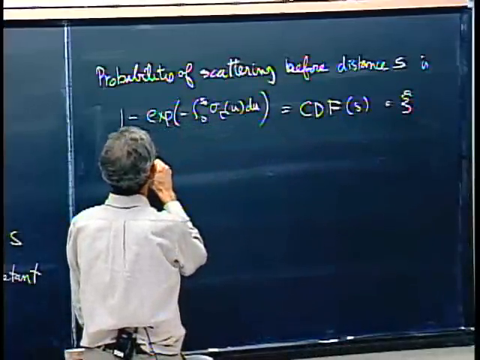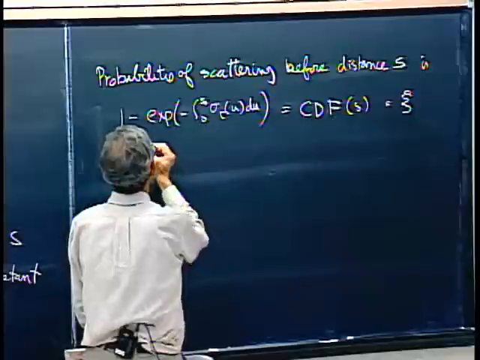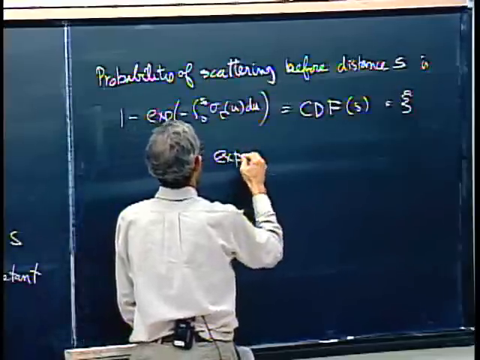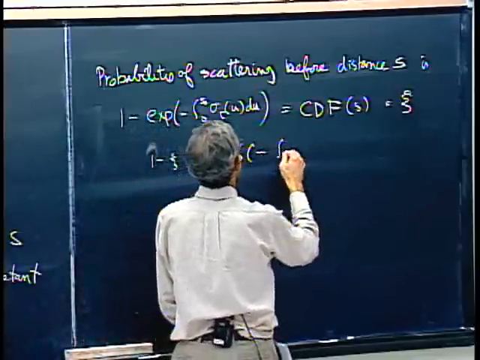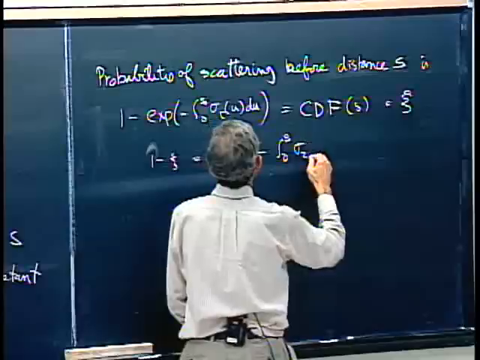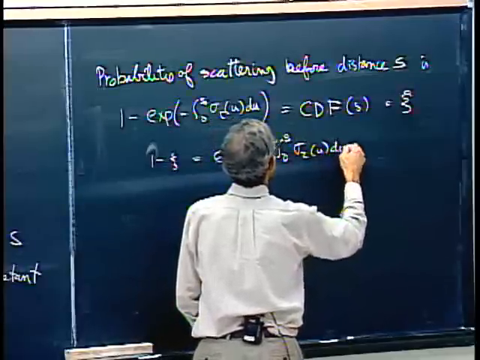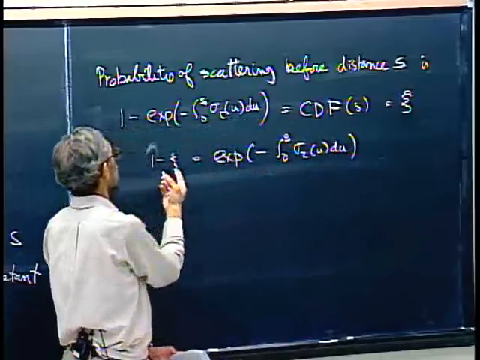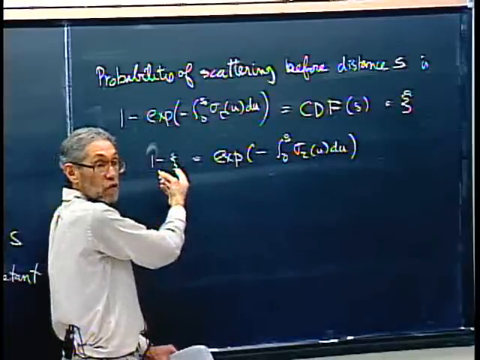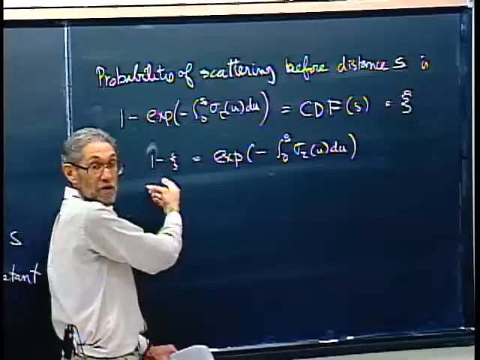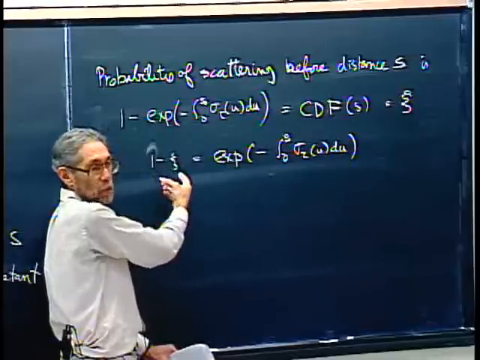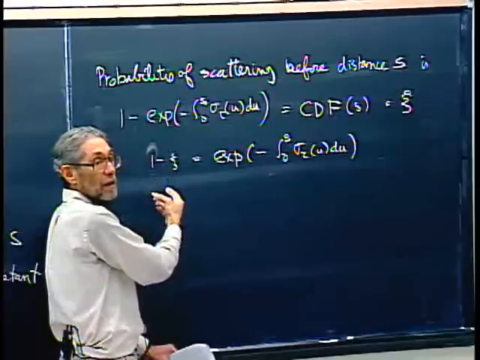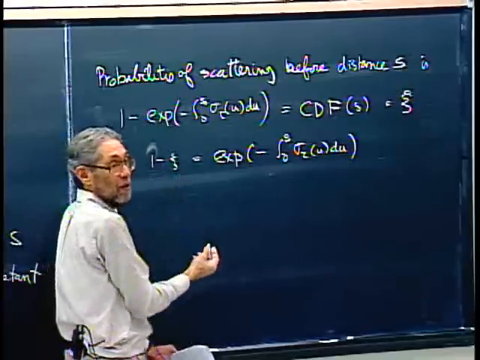If I put 1 minus xi here equals exp of minus the integral from 0 to s of sigma t of u du, and then I take the log of both sides. As usual, this could also be a uniformly distributed number between 0 and 1. We had a case before where we had 1 minus one random number, and we just made it another random number. But in the book, they keep it 1 minus xi, so I'll call it that way.